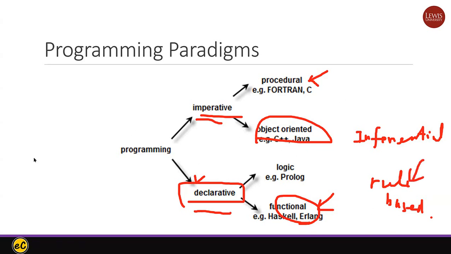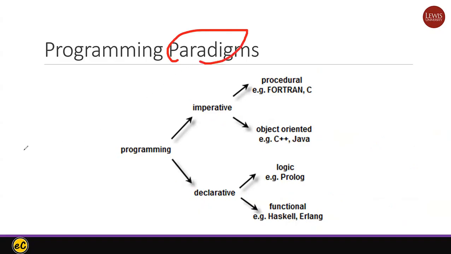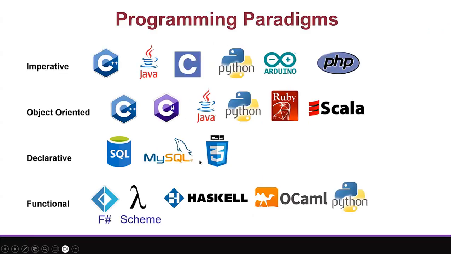So basically, the overall programming paradigm is different. You need to understand the rules and then come up with a different way of programming. Here we list the languages for different programming schemes. Python is what we are going to use, and we also use the Scheme language as an example.